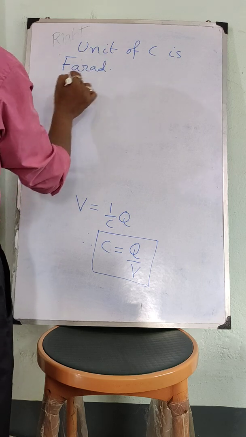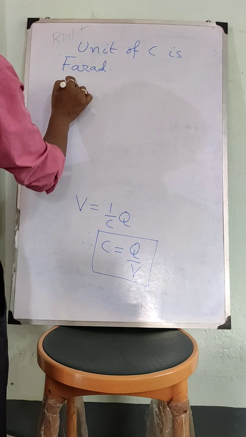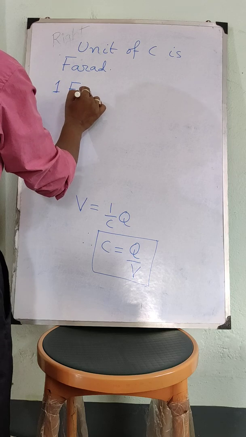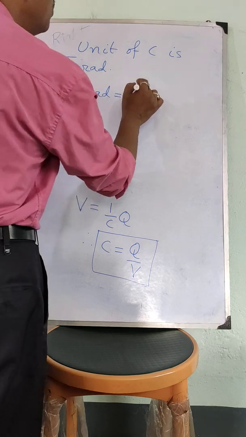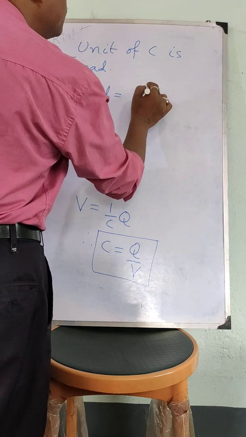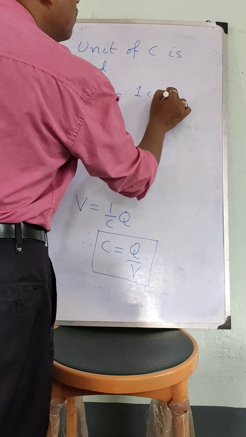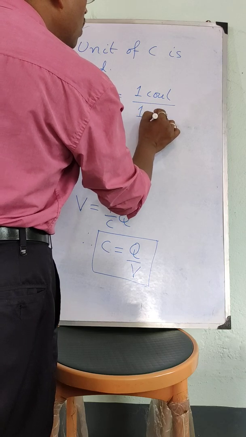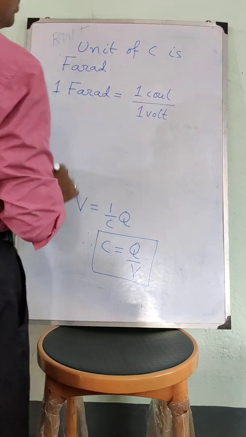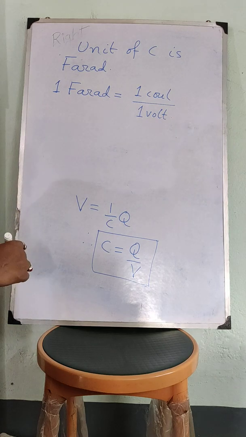Now, 1 farad is equal to 1 coulomb divided by 1 volt. So this is the definition of 1 farad.